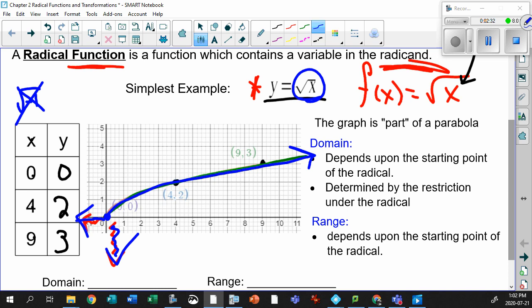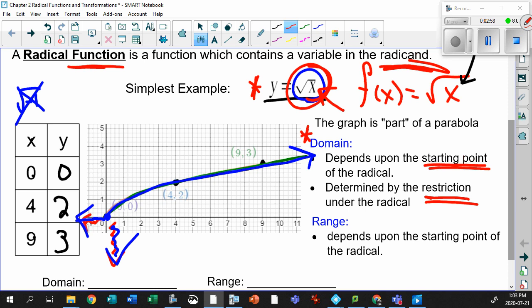Aha. So let's rewind here for a second. Let's slow down. Let's start talking a little bit about domains and ranges. Domain, like I said, depends on what the starting point is. But how do you determine the starting point? The starting point is actually determined by the restriction of this radical. What's underneath here that tells you, oh, you can't go past this point?